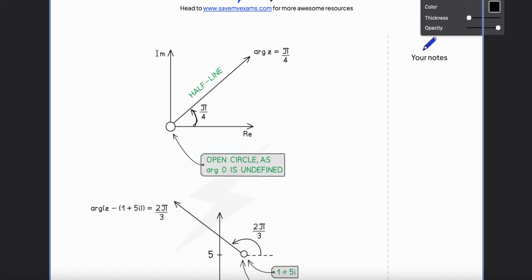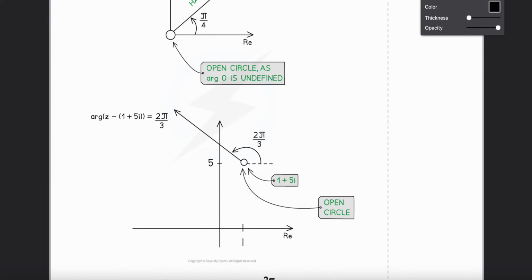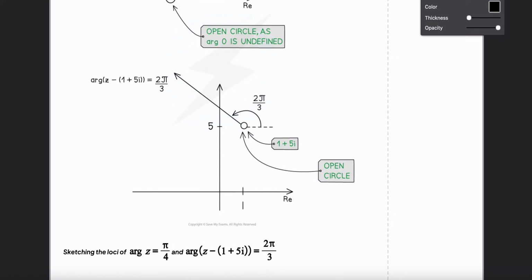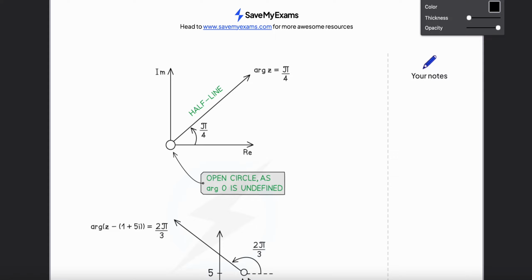Okay, let's look at the second example, where we have the argument of z minus 1 plus 5i equals 2 pi over 3. So now we have z minus a complex number. For the first one, we didn't have z minus a complex number, so that is why we started at the origin.